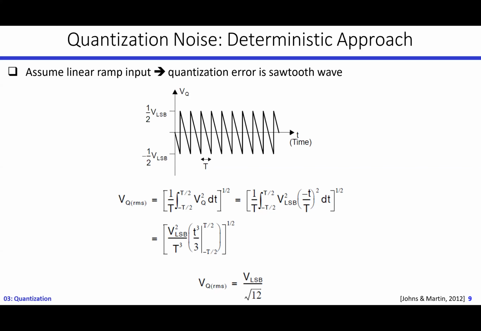Because for lower resolutions we cannot make this assumption: the quantization noise will be a function of the input, and therefore it will also generate distortions. So here we are assuming that it's uniformly distributed when n is greater than 6, and that's most of the cases that we will be using.